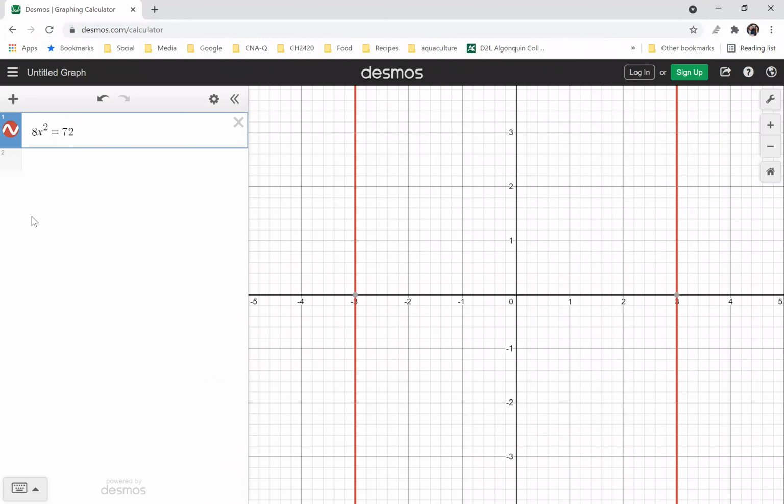You can see your answers there. By the way, guys, this graph looks weird, like it's two straight lines. A quadratic will actually look like this if I could zoom out far enough, but I can't. But there's my answer. X is -3. X is +3.